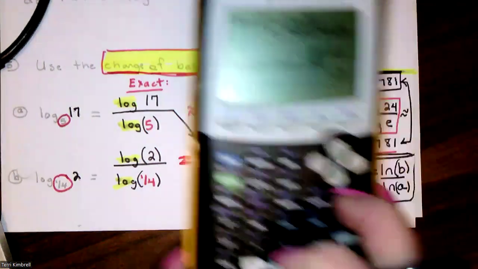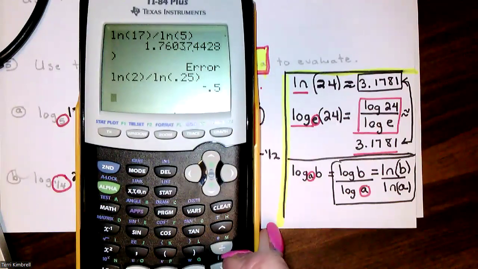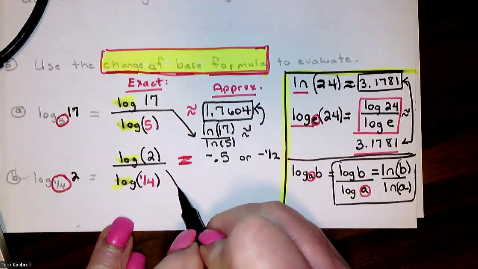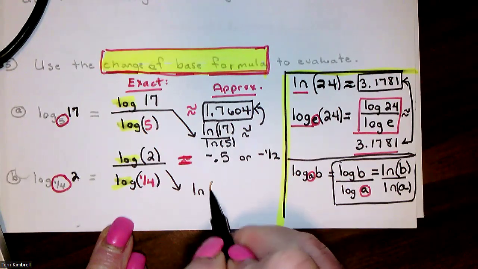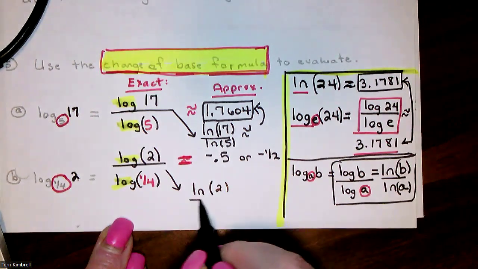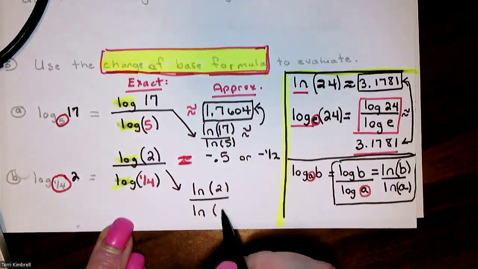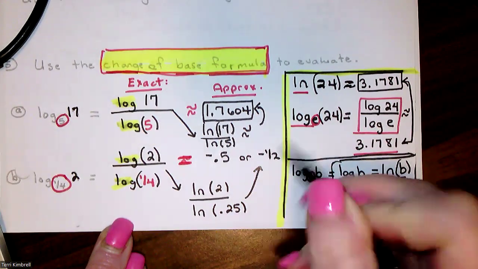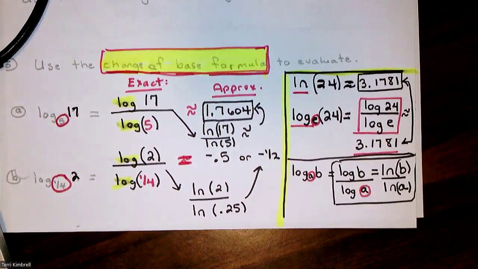So I just did the other one with your LN, 2 divided by LN of 1/4. And you see that you would get that as well. So just another way to check and understand that those two are just two different ways to work the problem that's going to yield the same solution. Okay.